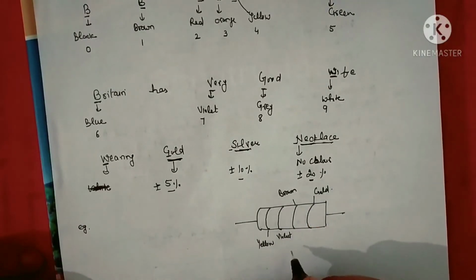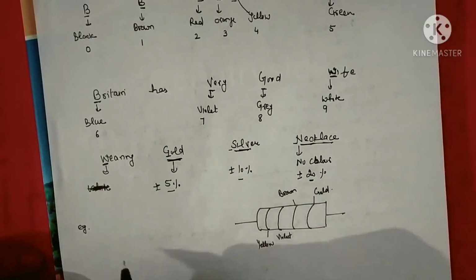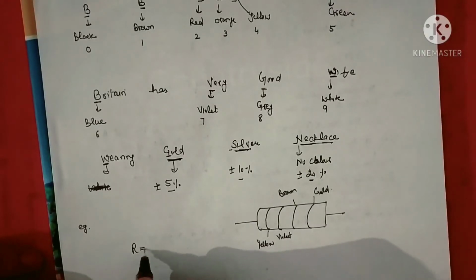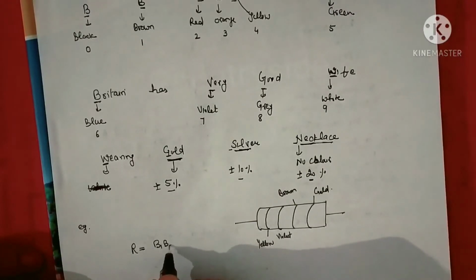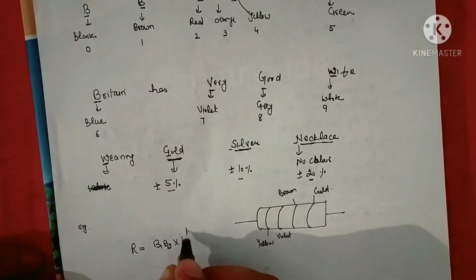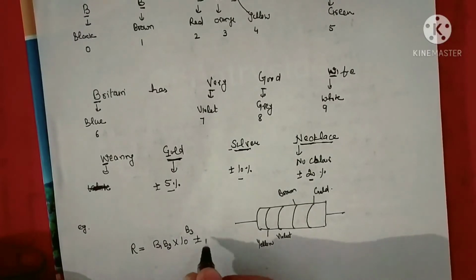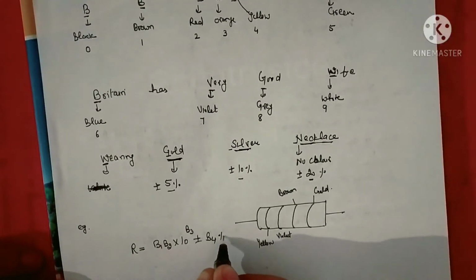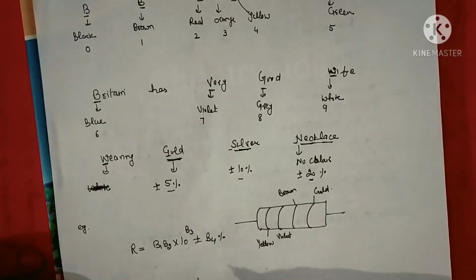Then how to read these carbon resistors? So you know that the number is B1 B2 into multiplier B3 plus minus B4%. This is the tolerance.